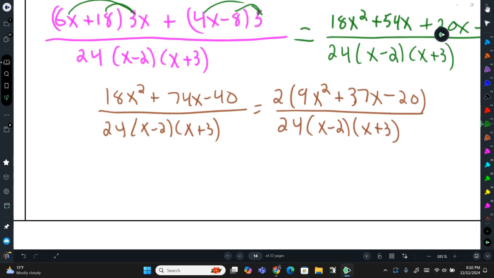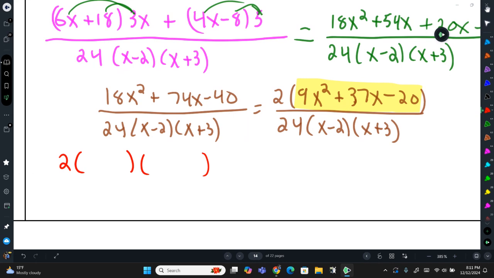Now I'm going to check to see, can I factor that? That's a pretty nasty polynomial there. So let's see, if we're going to factor that, we can guess and check. And I said it before, try one of these down here as one of your factors. So if I am guessing and checking, I have this 9 in front of x squared, and I need to multiply to negative 20 on the last two.